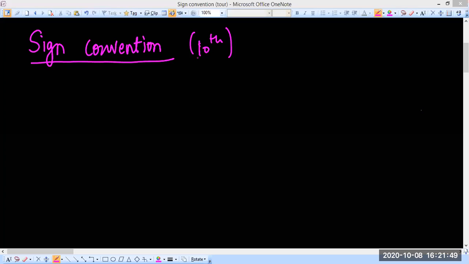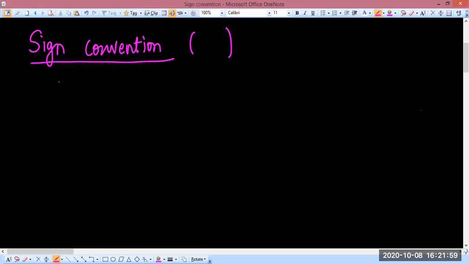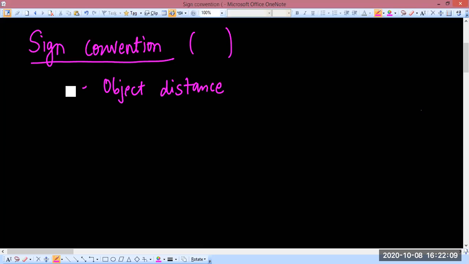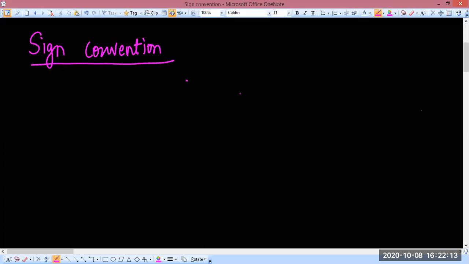See, sign convention is actually used to give proper values to these things. Okay, u stands for object distance. Do I need to explain the meaning of all these? No problem, let's explain. Okay, never mind, let's do everything, forget about it.